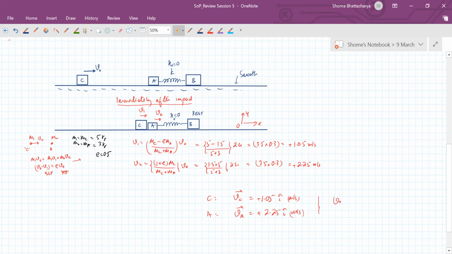You can see that their separation velocity has become 1.2 meters per second, which is half of the approach velocity. Okay, so I'll just leave you with a minute to understand this, and then let's come to the second part, to find the maximum compression of the spring.